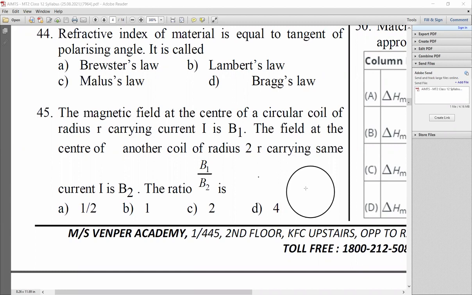What is magnetic field? Mu naught I by 2r. So B1 by B2 will be how much? R2 by R1. Correct. R2 is 2R, R1 is R. So answer will be 2 by 1, option C.